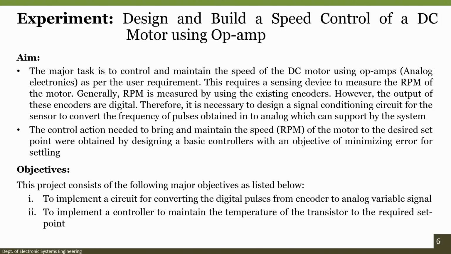Then we will also interface all the blocks and subsystems that we have designed to make a closed loop control system. We will integrate everything and see the demonstration of the working of each controller with respect to different set points that we give.